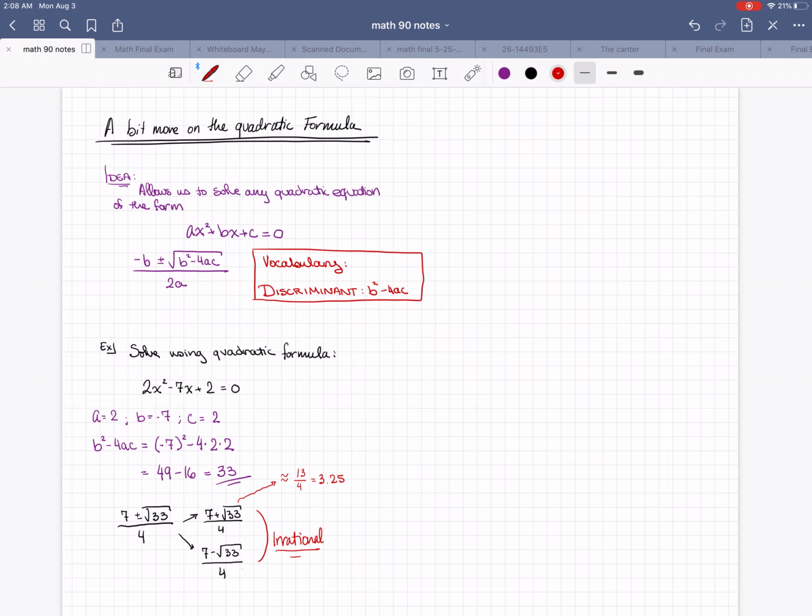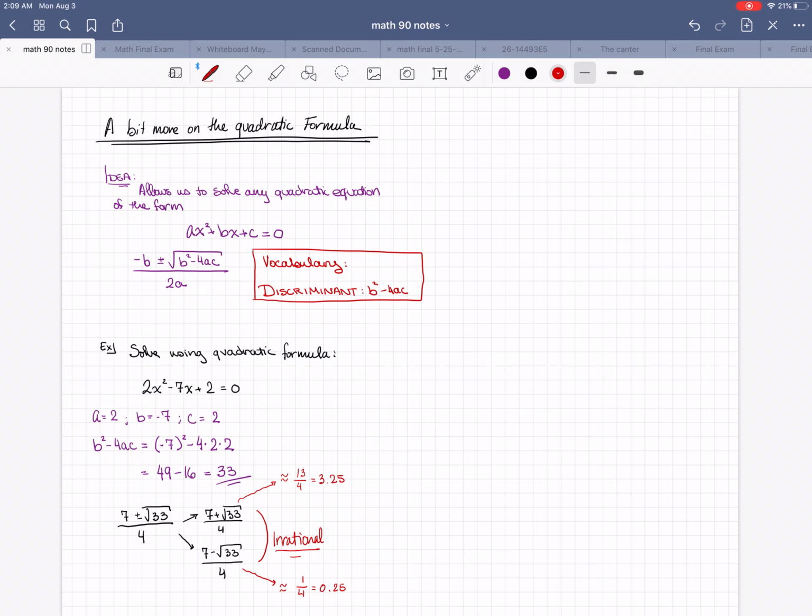And by that same token, if you wanted a really ballpark approximation of 7 minus the square root of 33 over 4, well, 7 minus the square root of 33 is pretty close to 1. It's not that much bigger than 1. So for a bad approximation, we could say it's about a quarter. So about 0.25.